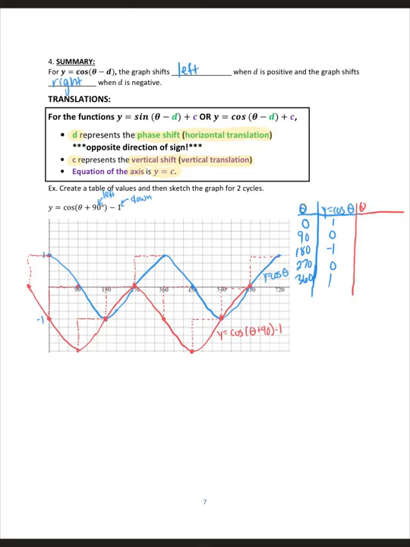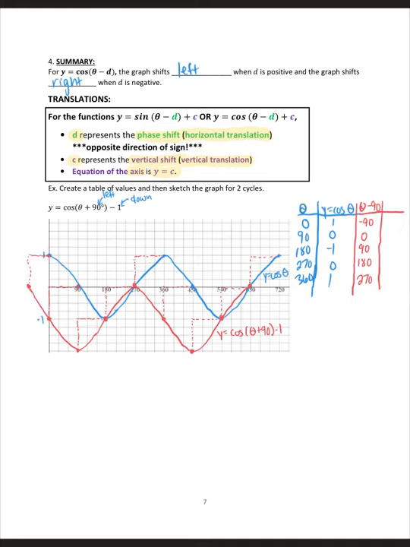So if I was moving it left 90, I was really subtracting 90 from it. So instead of being 0 now, it's going to be negative 90. And then I could perform that operation on all of my thetas. So 90 minus 90 is 0, 180 minus 90 is 90, and so on. So that's what we were doing to our thetas. We were subtracting 90 from them when we transformed them.